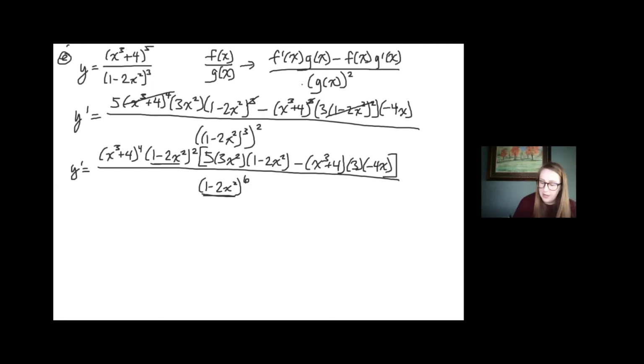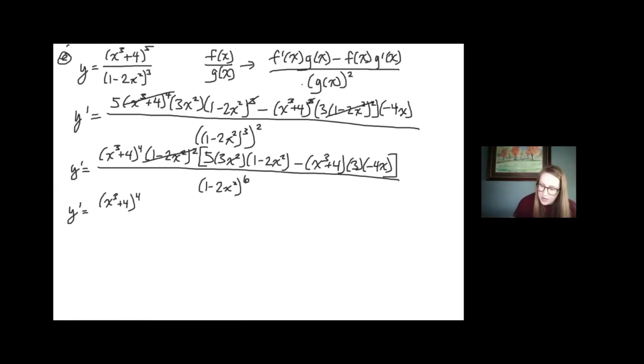That means that we can get rid of these 2 that are in the numerator, and that's going to leave us with 4 in the denominator. And then as we do that, we're going to simplify some of the stuff that's happening in the numerator as well. So we're still left with these x cubed plus 4 to the 4th. We got rid of those terms. They canceled out with some in the denominator. We didn't just take them out.